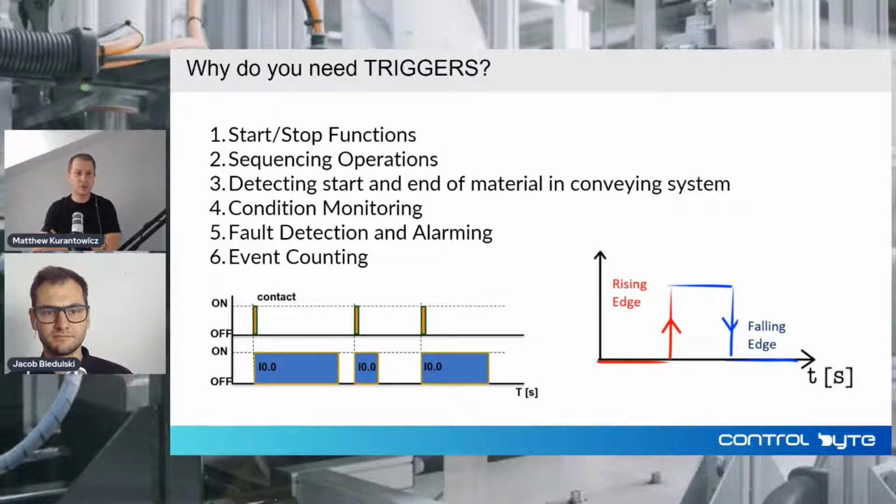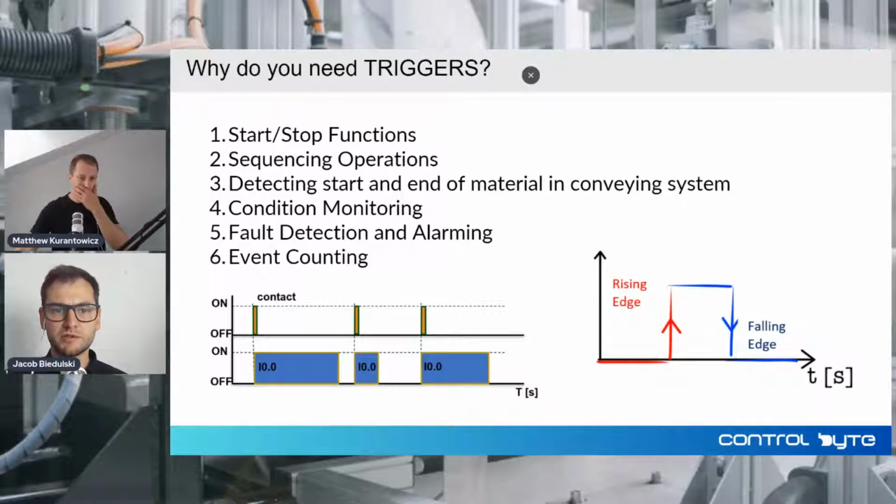In our courses, you will find descriptions of how to design a network in ladder logic for a start-stop machine. This is the basic network which every machine should have, and we need to use a trigger to detect signal edge detection.